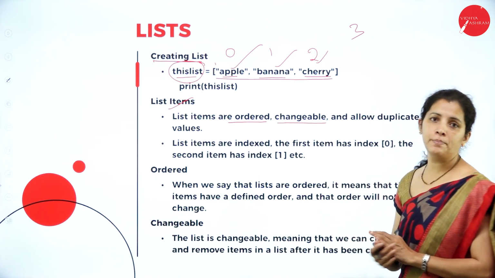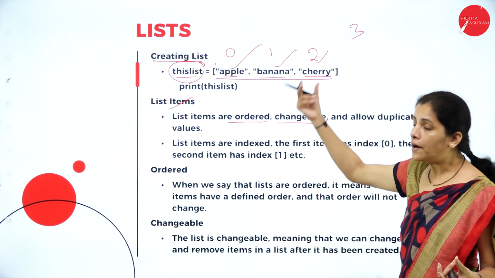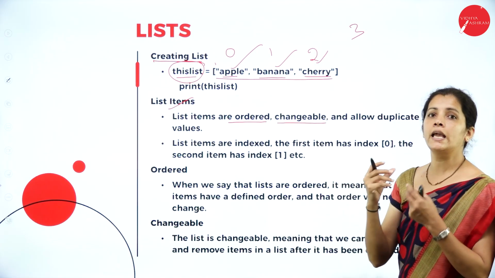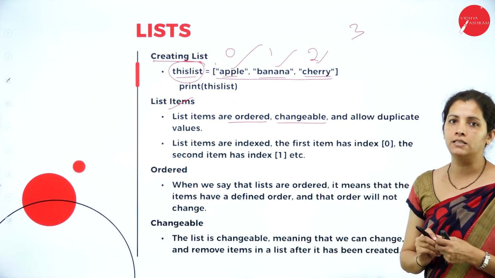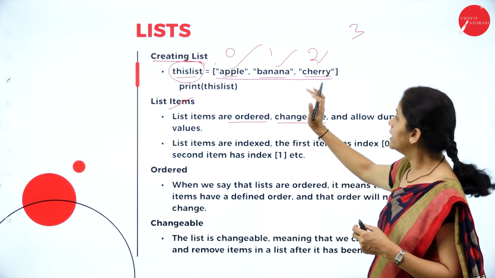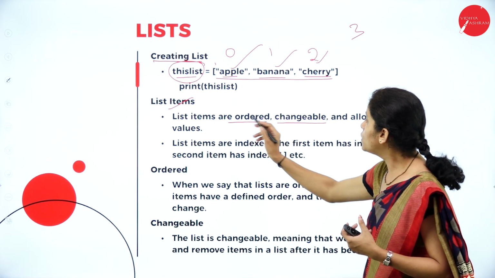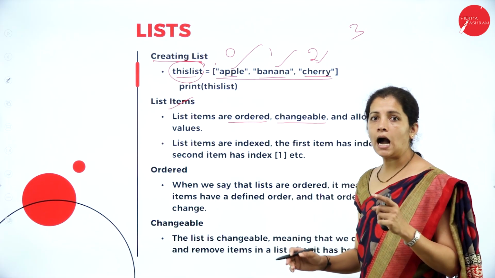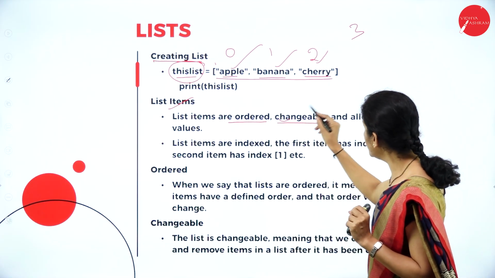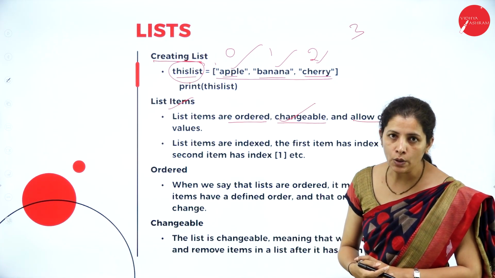And changeable. So, what is changeable? That's mutable. After creating a list, I can modify the list. So I can modify the content. Instead of banana, I can have grapes. So list items are ordered, changeable, and allow duplicate values.